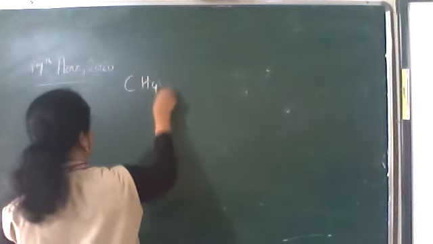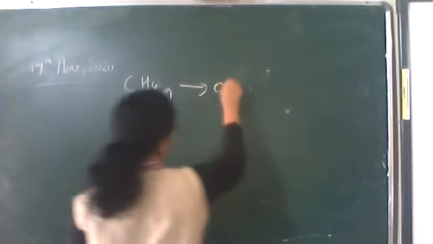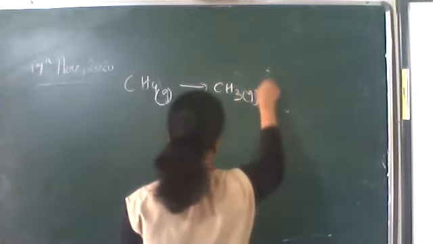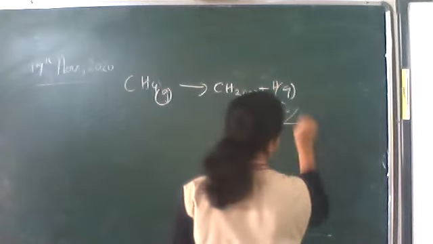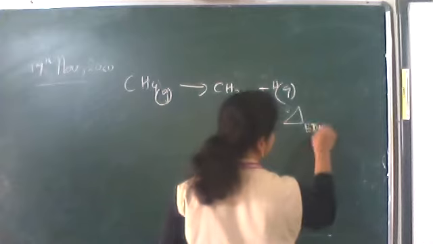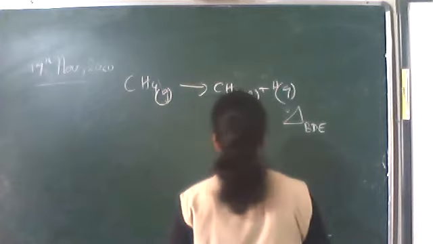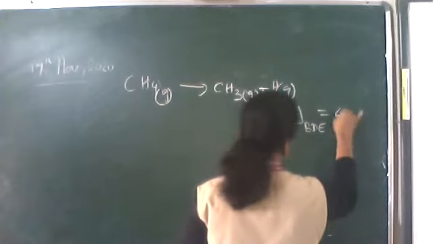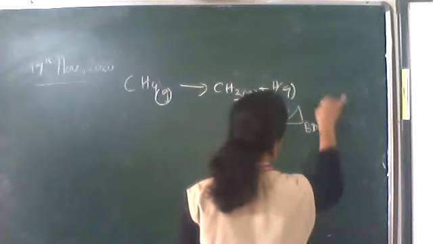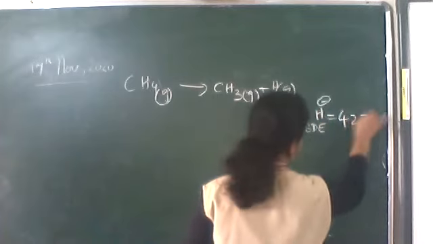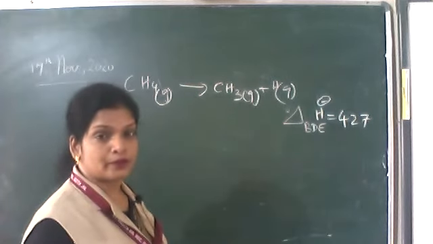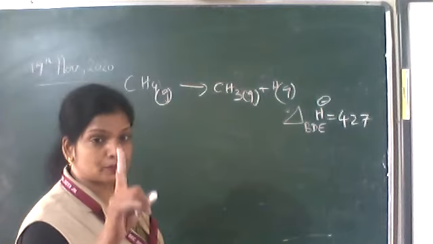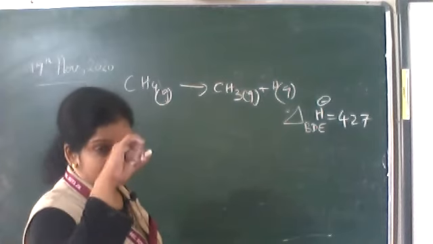Individually, from CH4 gas to CH3 gas and H gas, the bond dissociation enthalpy, delta BDE, at standard is 427 kilojoules per mole. This is the first bond. Only one bond we have considered.